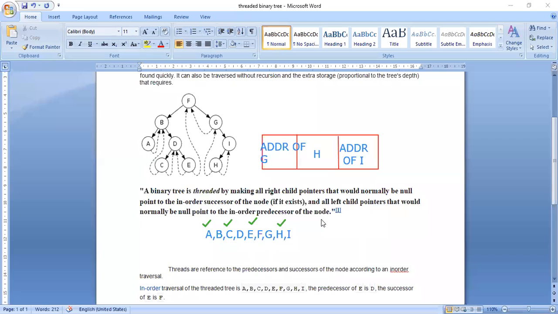So the dotted lines are nothing but the threads that we incorporated.